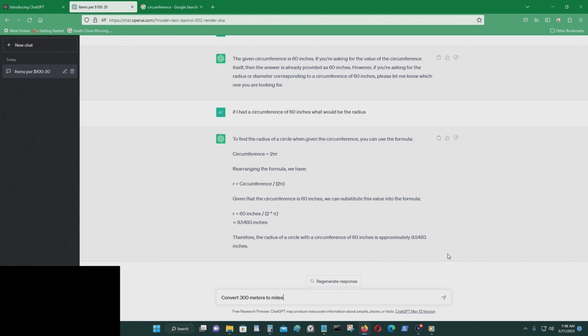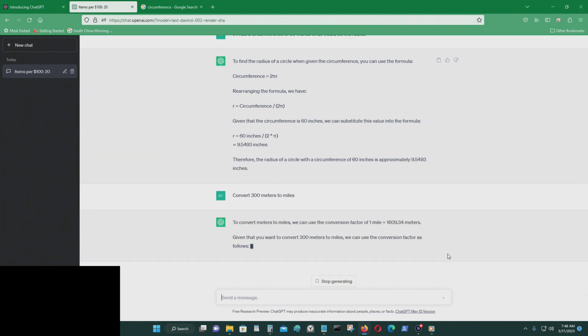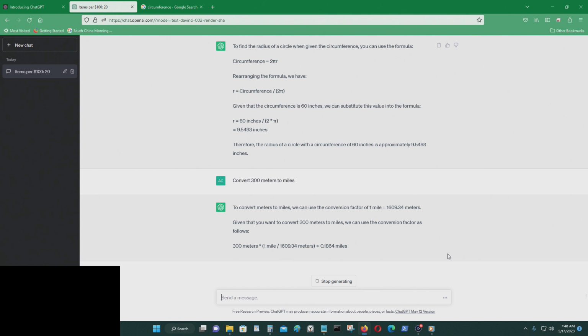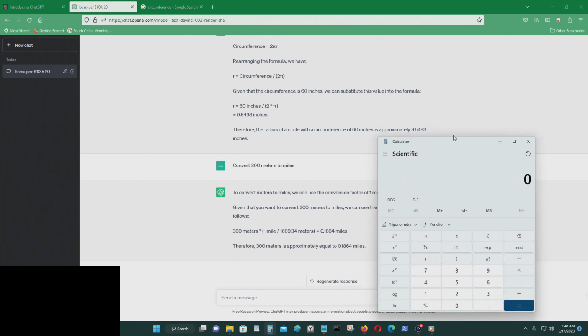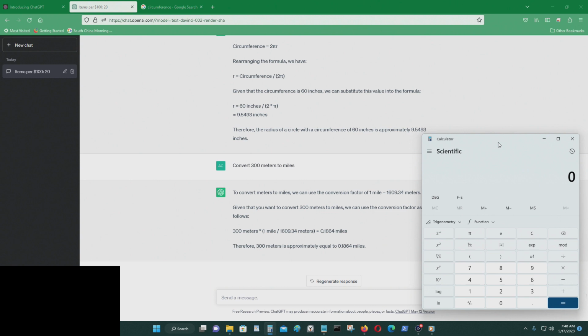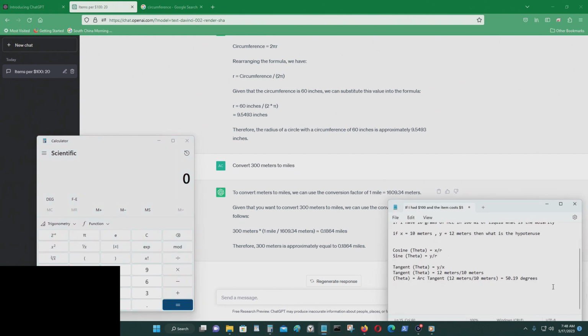Let's convert 300 meters to miles. Let me do my calculation of that and confirm it. I know it did it correctly. 300 meters, I could do it. We could solve it differently.